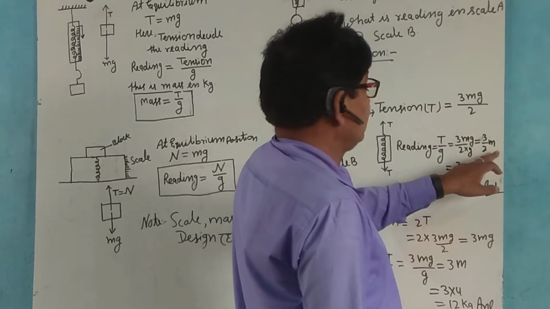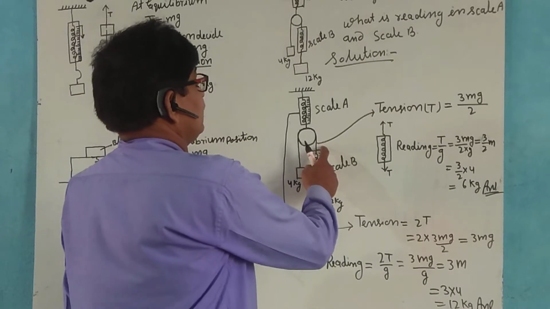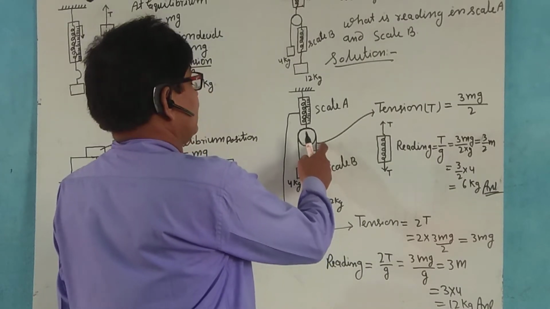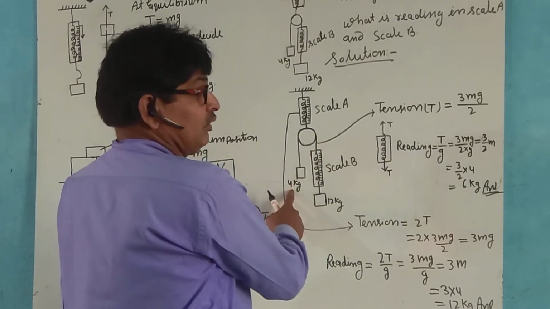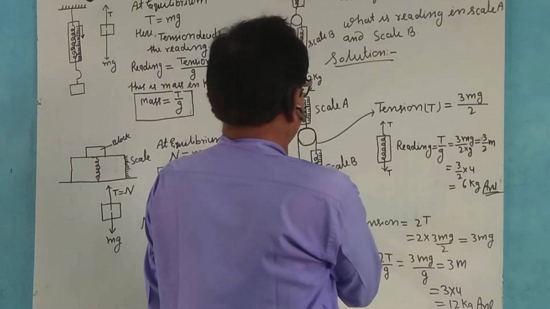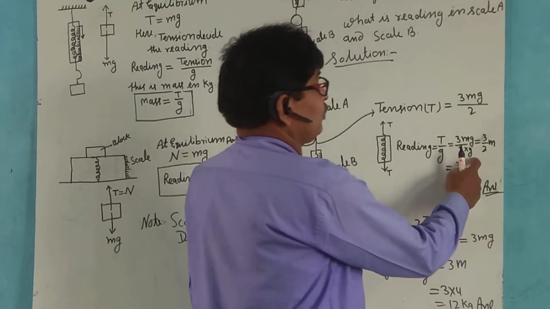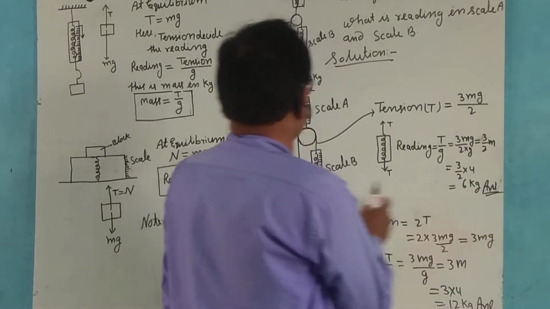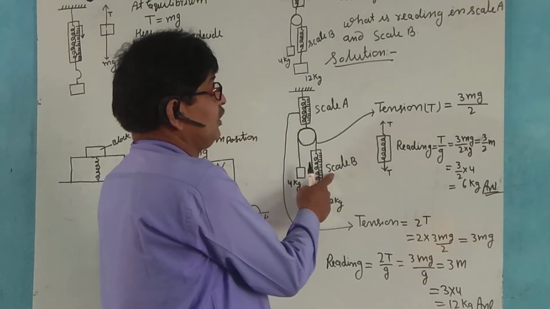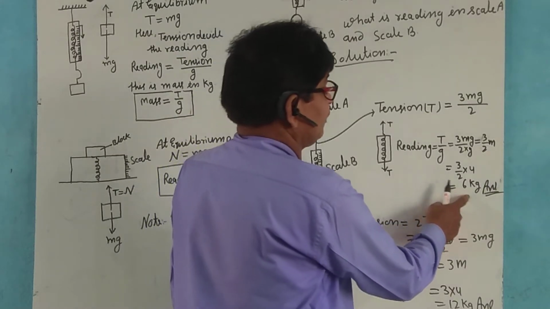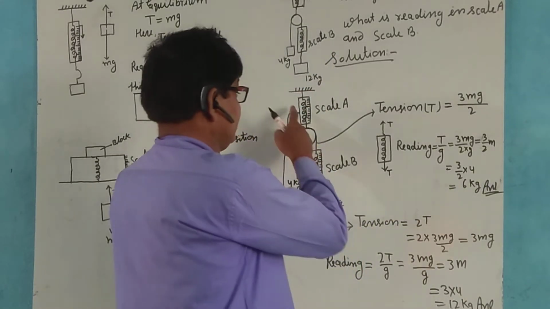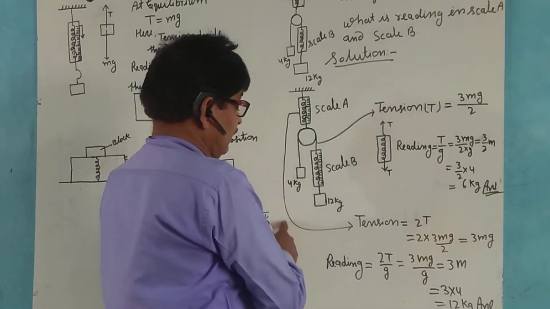This is the reading here. Tension is created by the 4 kg mass, so putting m equal to 4 kg, 2 into 4, 3 into 2, gives 6 kg, so scale B reads 6 kg.